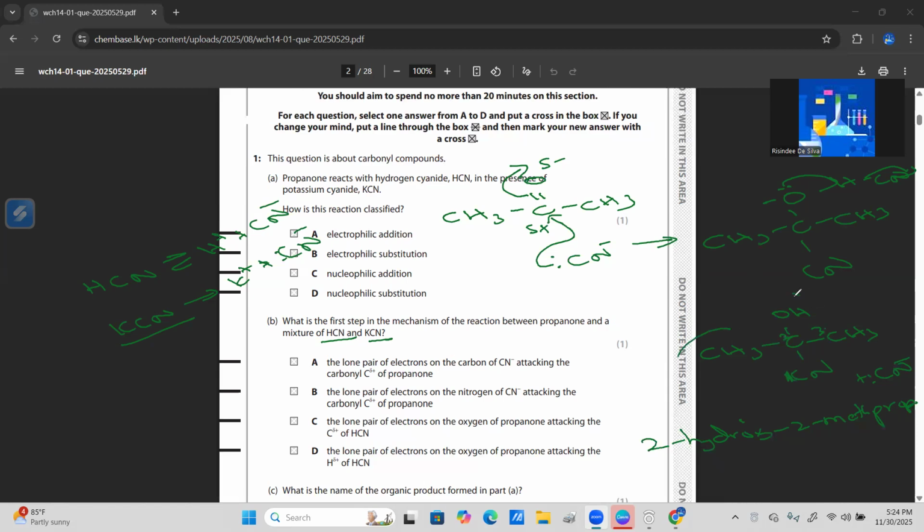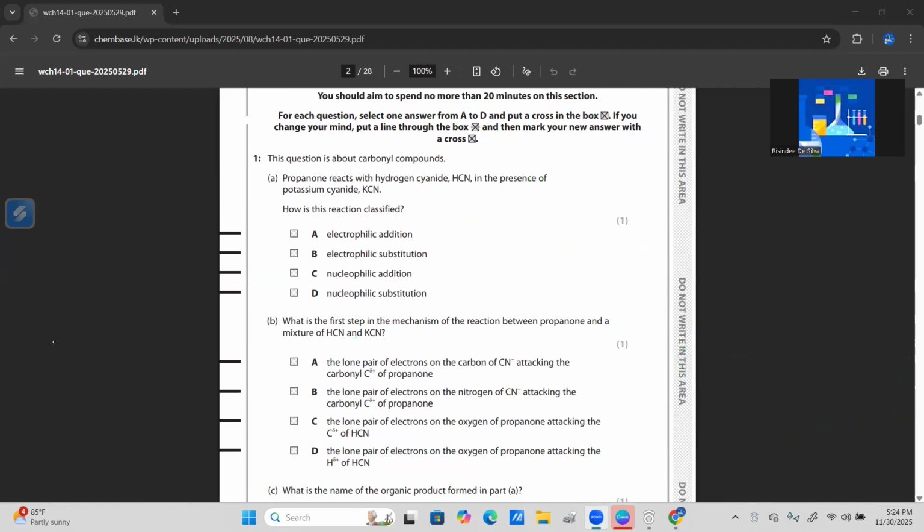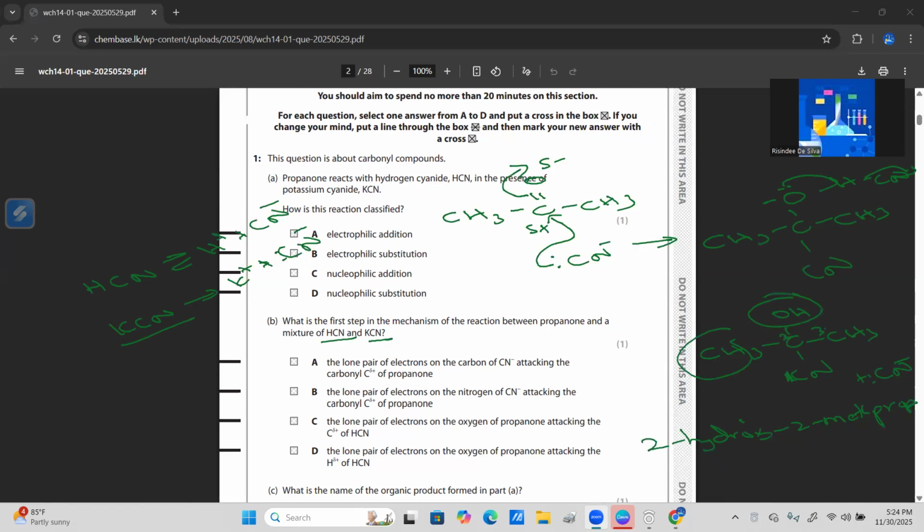I have 2 functional groups. Therefore, the name is written like that. So we saw the first one. In the first step, we'll see what they have given, right? This is the first step. Lone pair of electrons on the carbon attacking the carbonyl carbon positive of propanone. So that's the correct one.